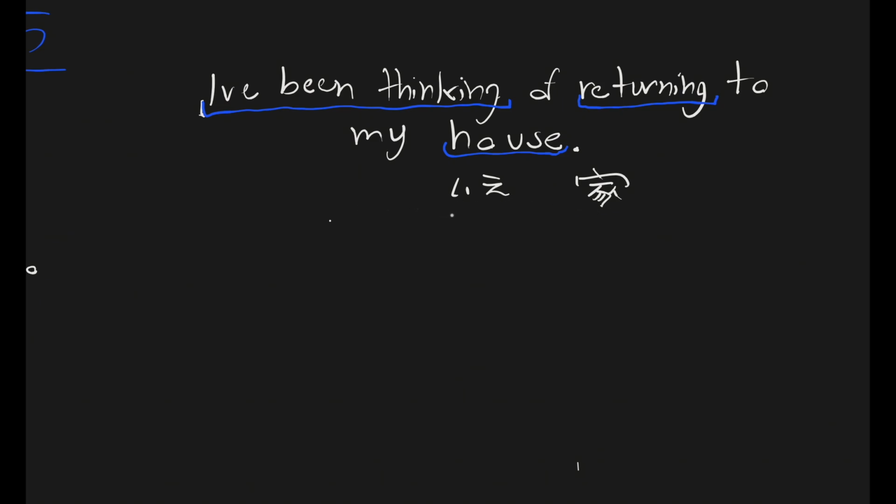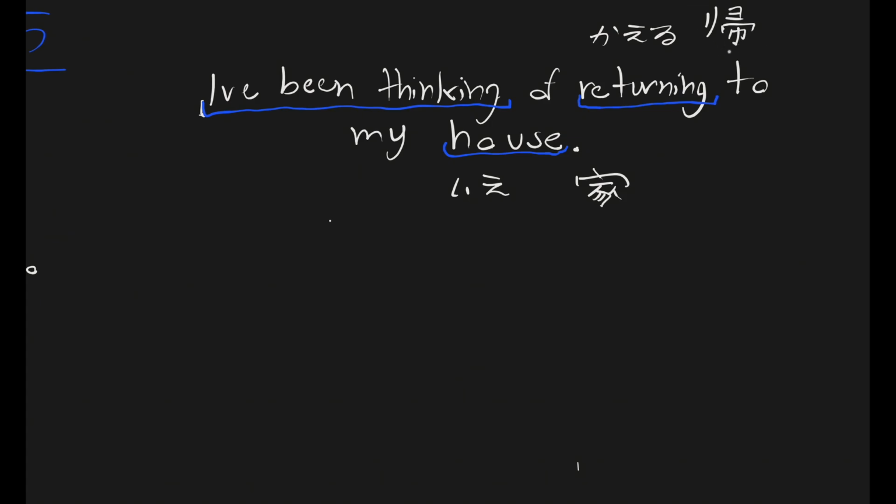in Japanese. So we have our house vocab, and returning is kaeru. Returning is kaeru. If you want the kanji for returning, let's see if my calligraphy is good again.